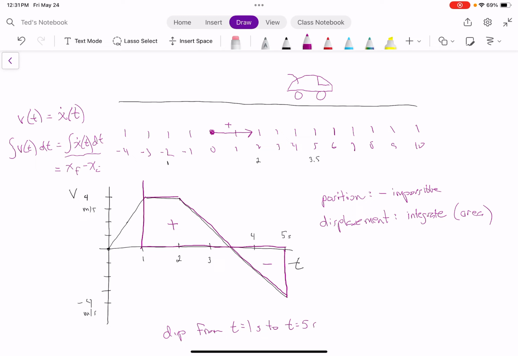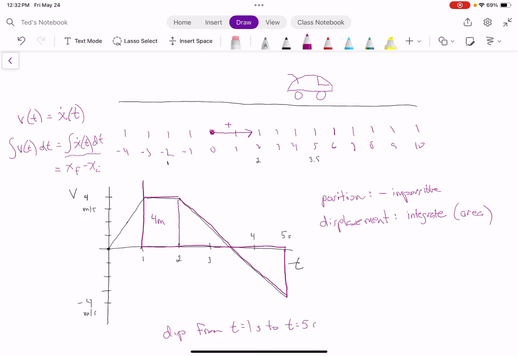So if I want to integrate this graphically, what integration means is finding the area. The easiest thing for me to do is to break this up into triangles and rectangles. This rectangle here has a height of 4 meters per second and a base of 1 second, so it has an area of 4 meters.